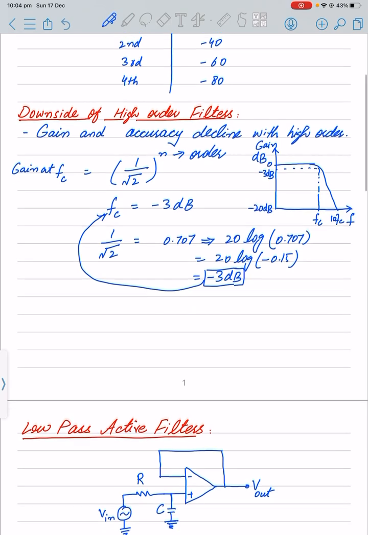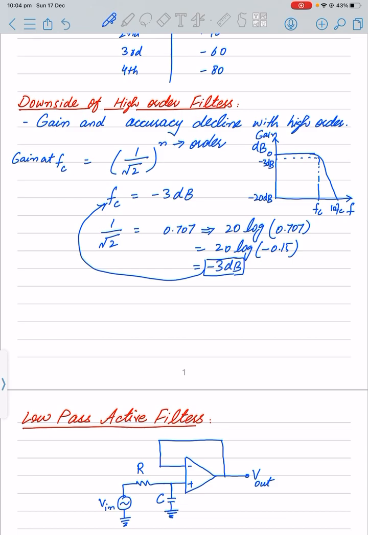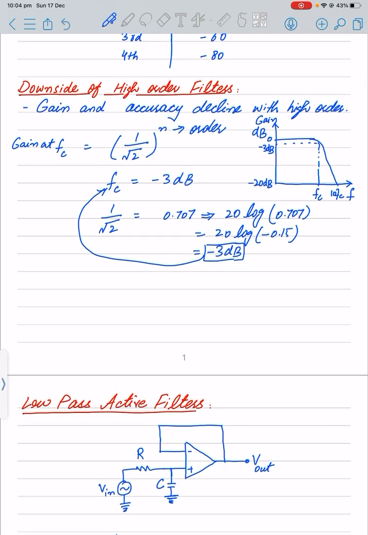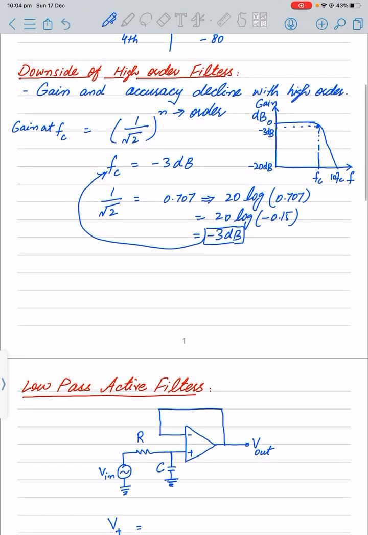So that was the whole story about the corner frequency: when the gain of our input signal decreases by negative 3 dB for the low pass filters, we call that particular point the corner frequency or the cutoff frequency.